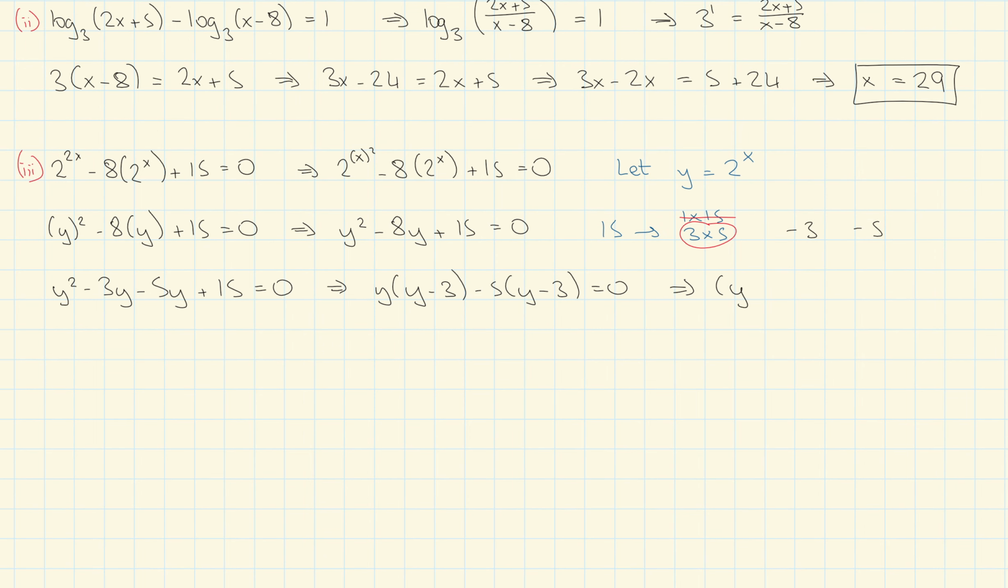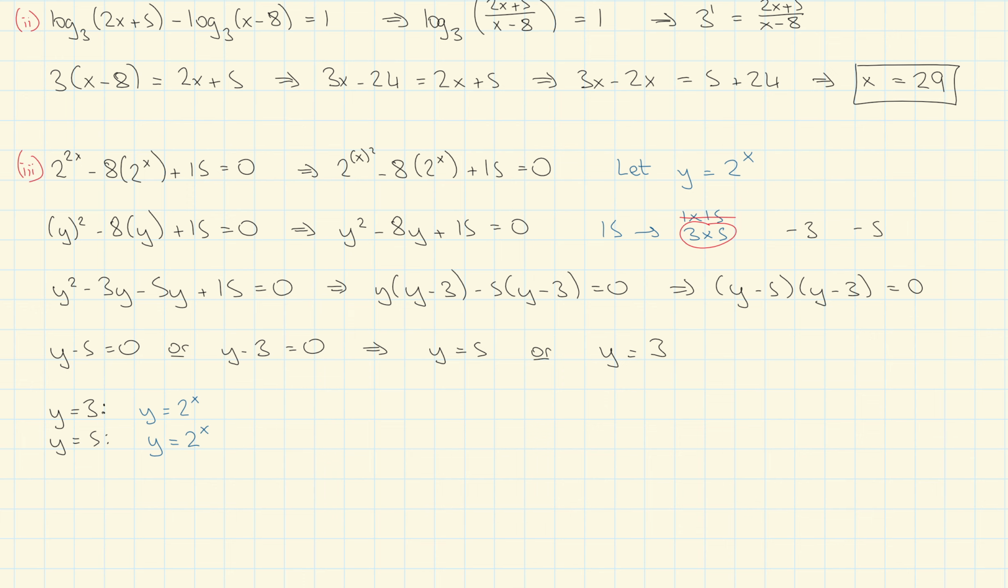Set up our two brackets, and we get y equals 5 or y equals 3. Okay, so we have our two cases. And we had said above that we were going to let y equal 2 to the power of x.